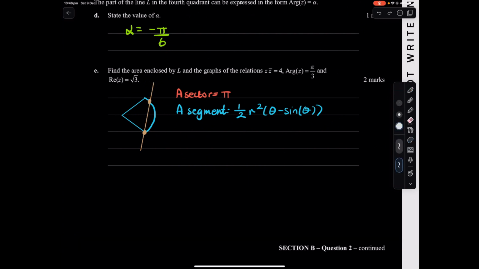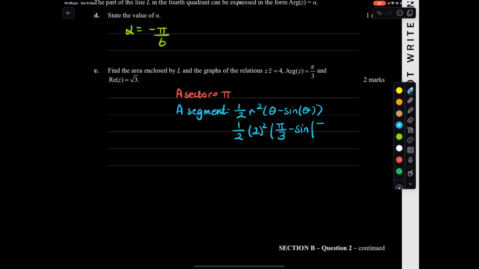Let me draw this. So we can say half, your radius is 2, so 2 squared, times theta, pi over 3, minus sine pi over 3.